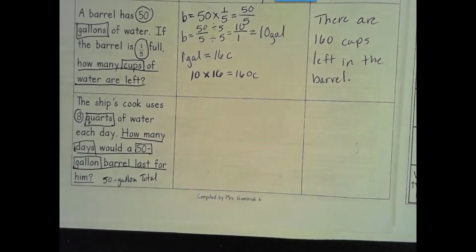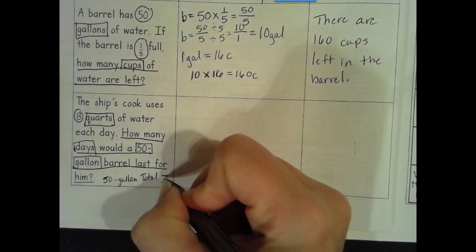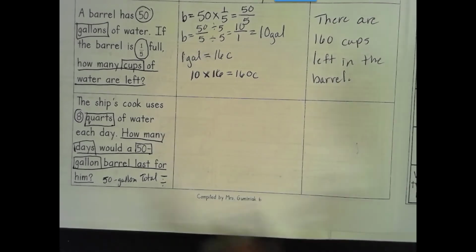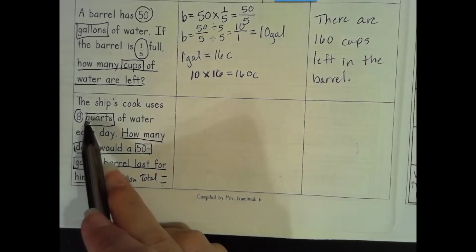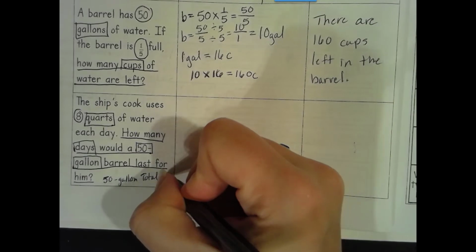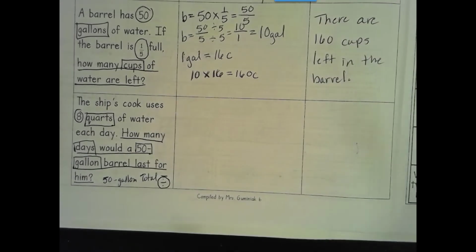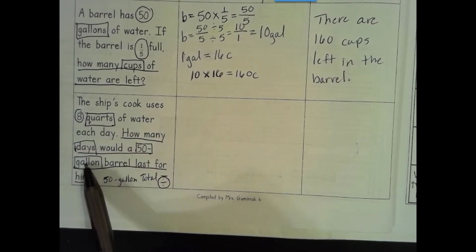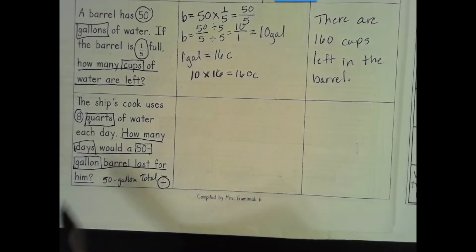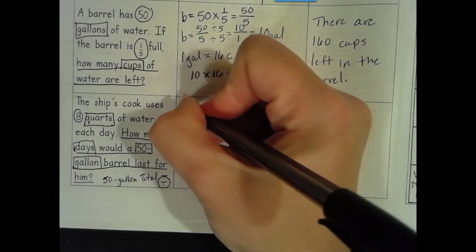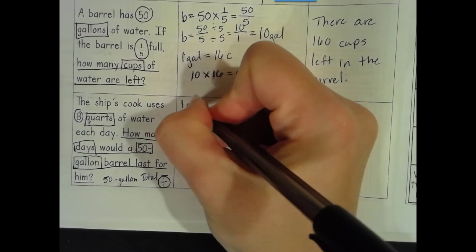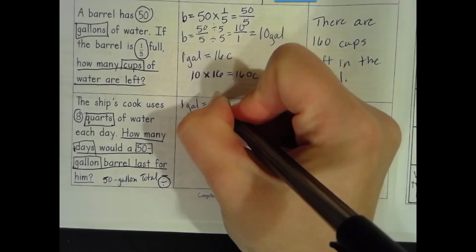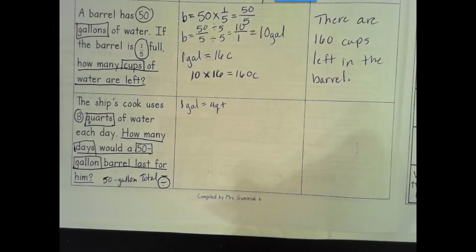So when we know the total, we either subtract or we divide. We have an equal amount each time, so we're going to put it into equal groups, so that means we're going to ultimately divide. But this is in quarts, this is in gallons. So we're going to need to change our gallons to quarts. So 1 gallon is 4 quarts.